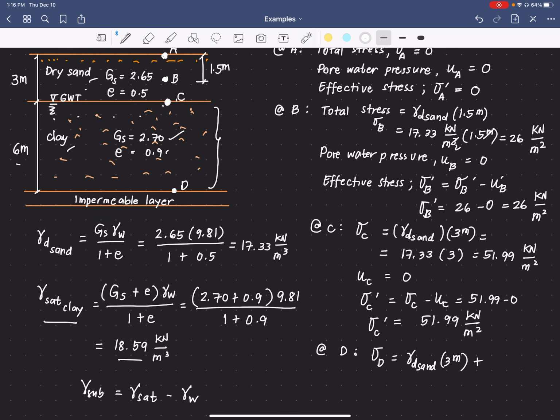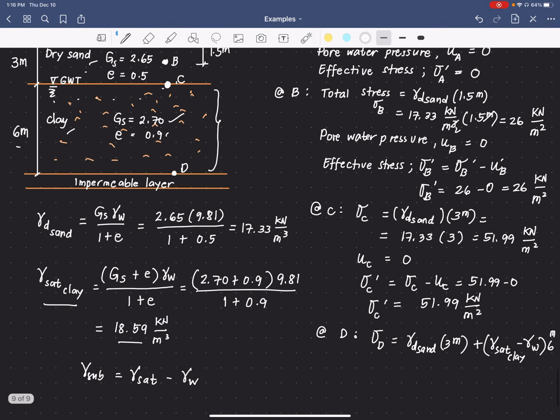So here we have the saturated unit weight of clay minus the unit weight of water. It has to be multiplied by the thickness, which is 6 meters.